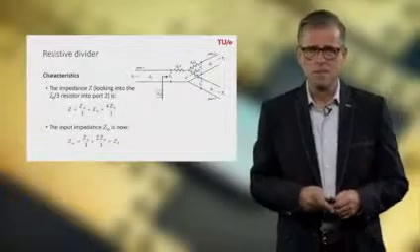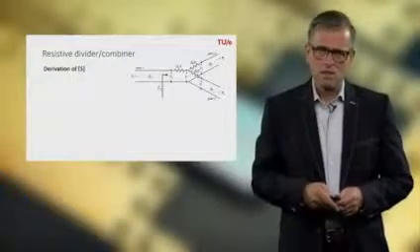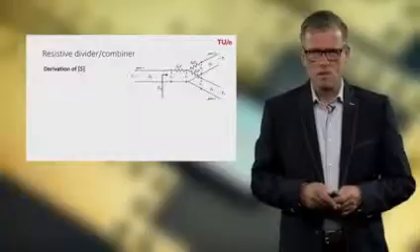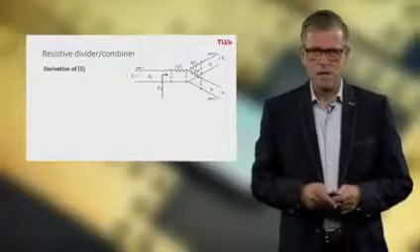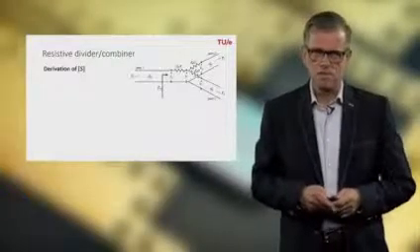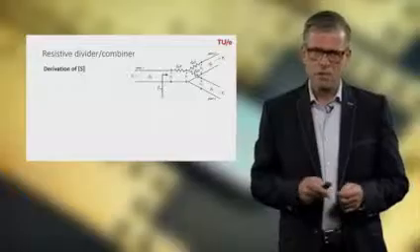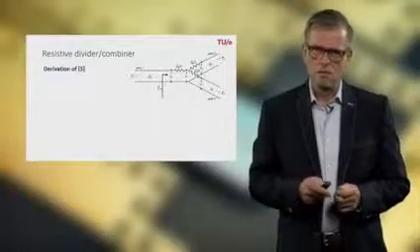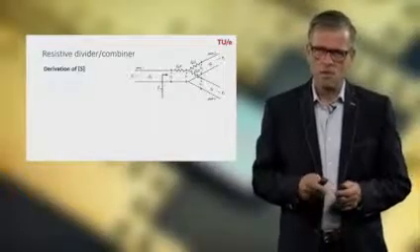Now, what's the problem? Well, let's look into it in more detail and try to derive the scattering matrix of this resistive divider. For that, we need to determine the voltages at all ports.